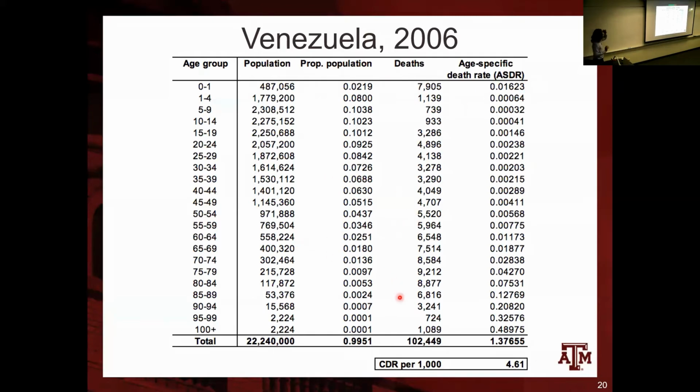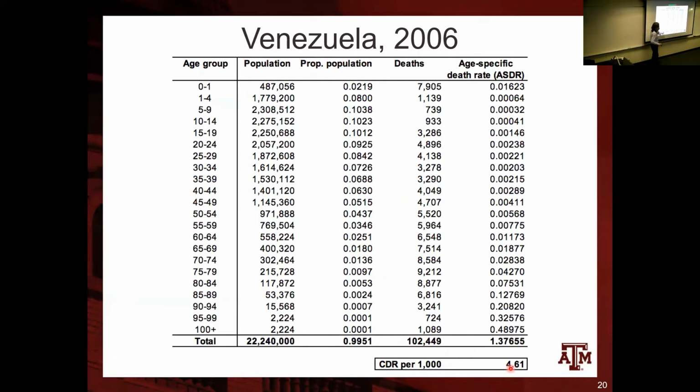The crude death rate, a simple one, how do we calculate? We just get the total number of people who died in that specific country in that specific year, 102,449, divided by 22.2 million. Multiply by 1,000, we get a crude death rate of 4.61. So for every 1,000 people in Venezuela, 4.6 died in that year.